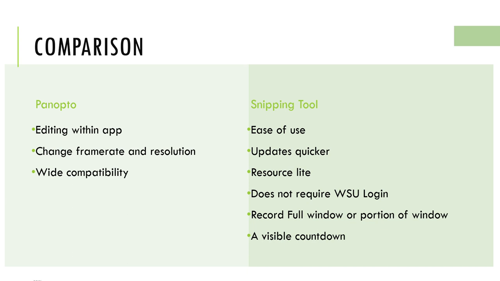So I usually just do 720p video resolutions, and I keep the frame rate low because it doesn't actually matter. And I want to keep the file size smaller, so it's kind of an advantage, but not really. But Panopto does have very wide compatibility, and we'll talk about the snipping tool.